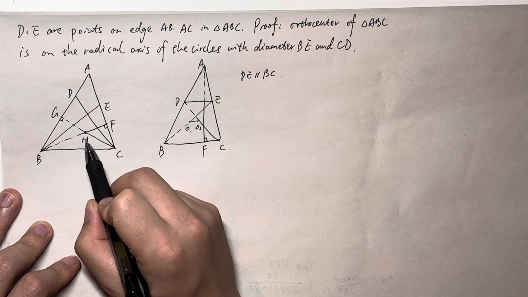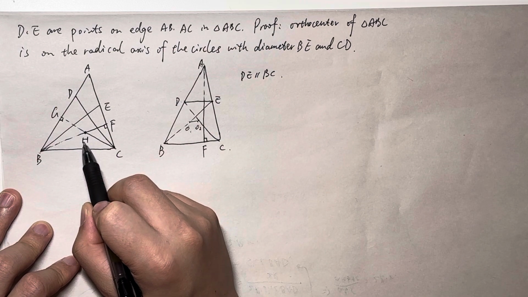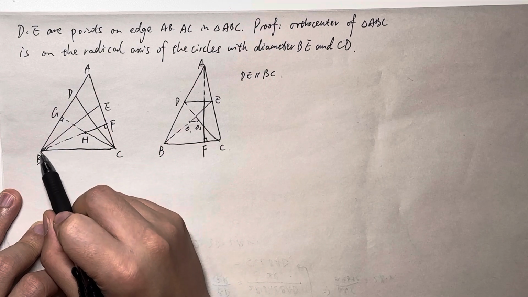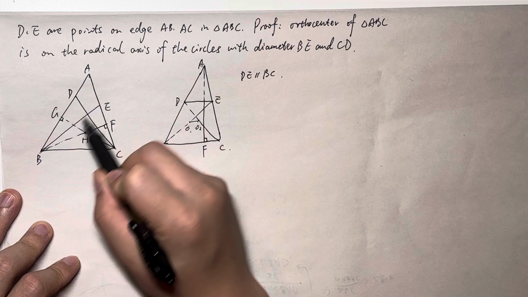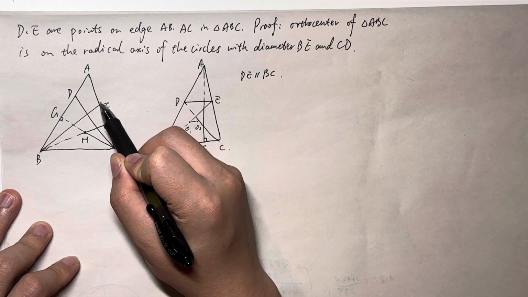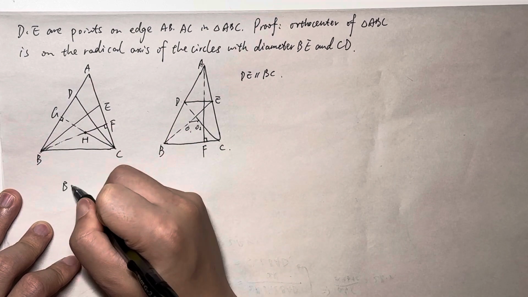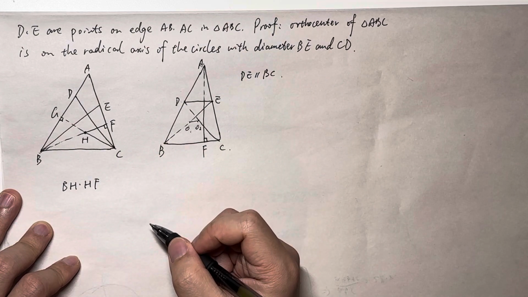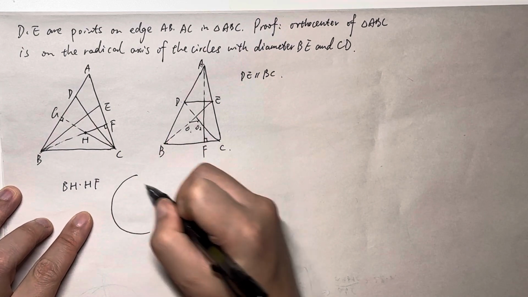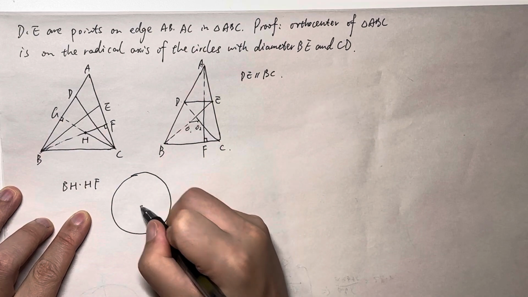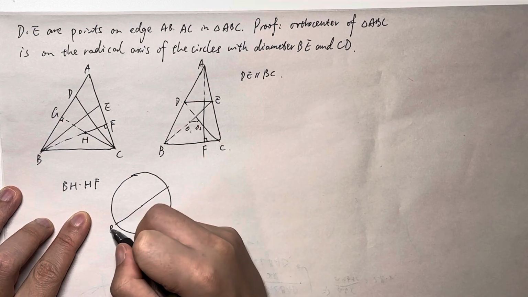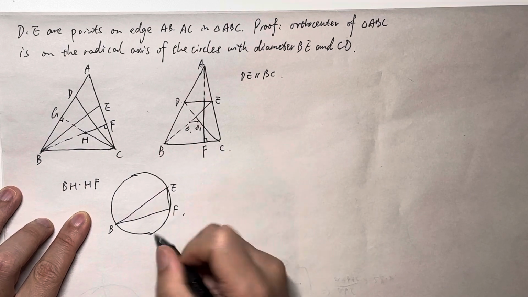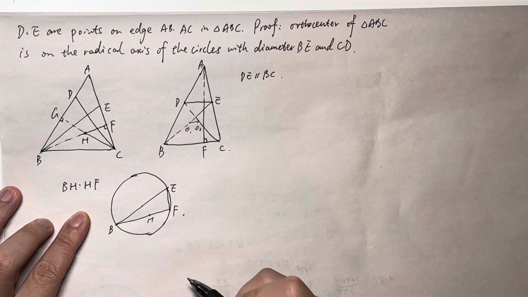And the power of H with respect to the circle with BE diameter is BH times HF, right? Because you can think about it like this. This is BE, that's a diameter. F is here, H is a point here, right?